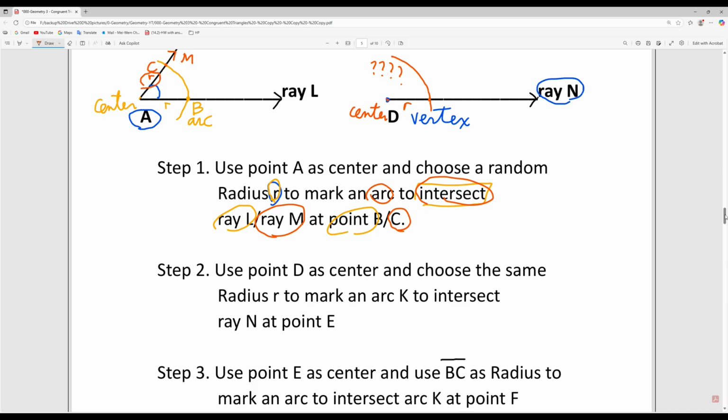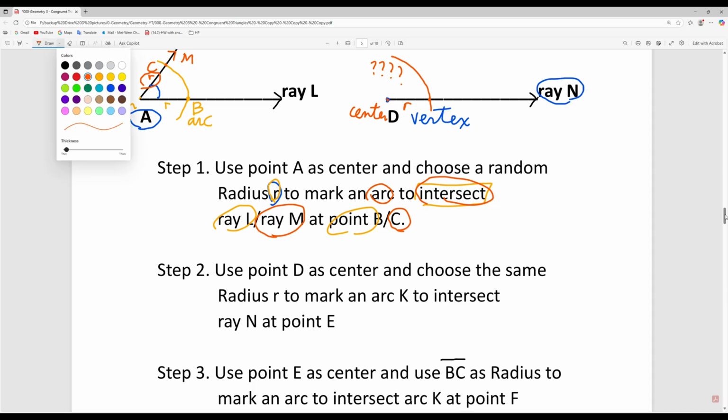Where? So that's my next step. Next step is you try to draw a line segment or measure. Okay, let me see. Okay, here.